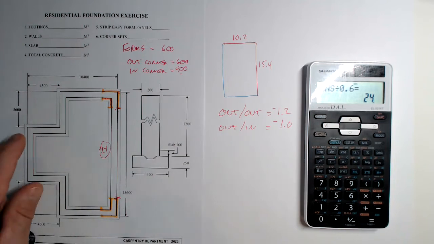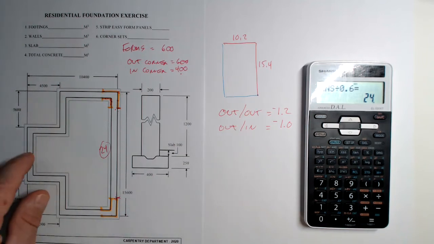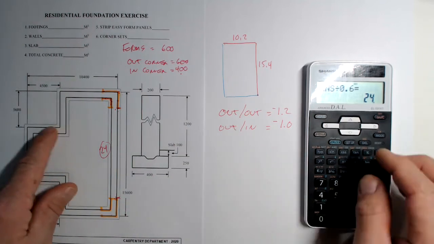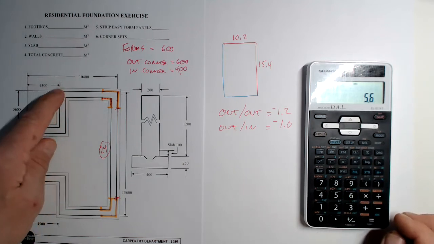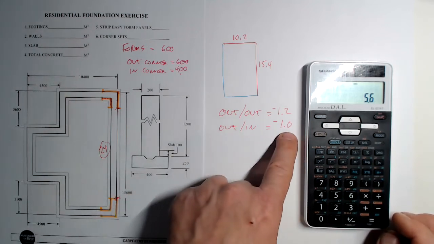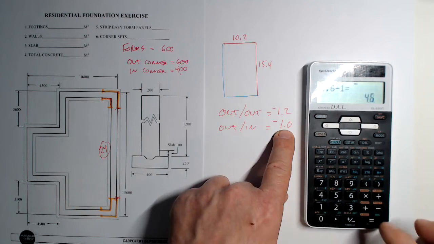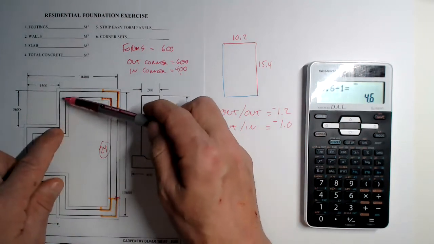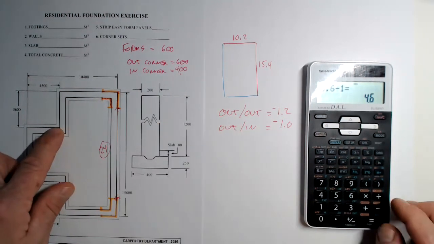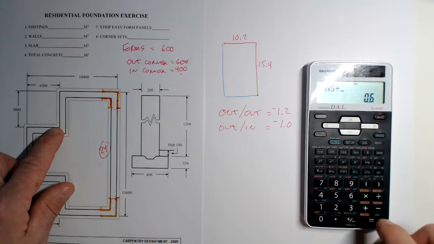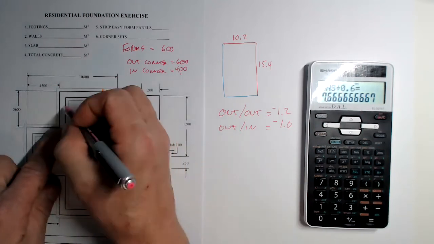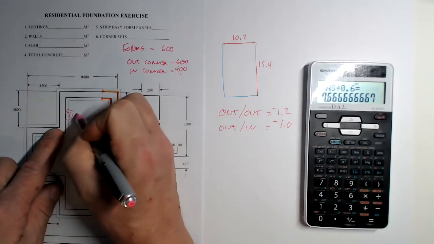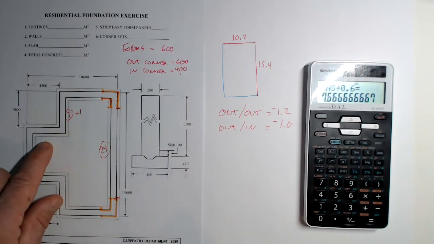We'll do everything that we actually have numbers for first. This part of the jog here is 5.6. We have an outside to inside corner, so we minus 1 meter, which leaves us with an in-between corner panel dimension of 4.6 meters. We'll divide that by 0.6, the panel size, which leaves us with 7.666 panels, or 7 full panels plus 1 filler.